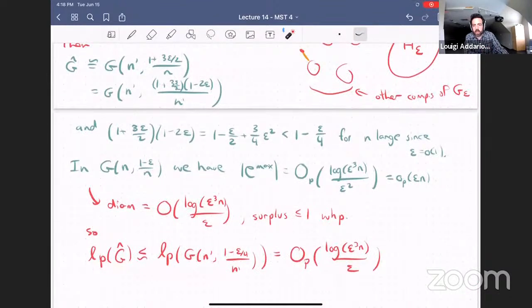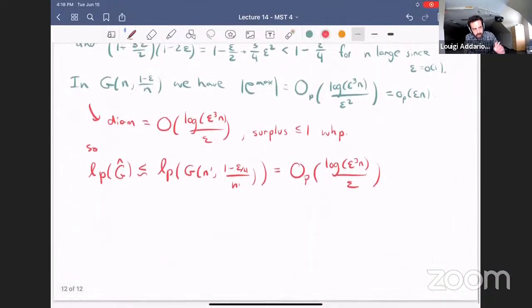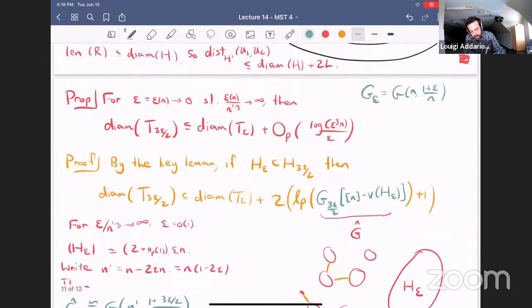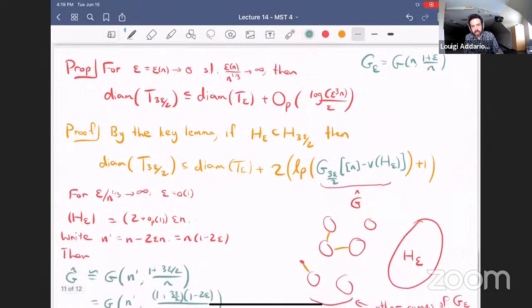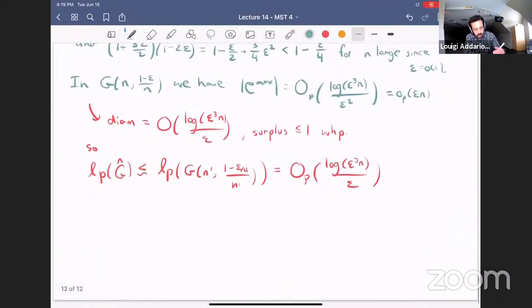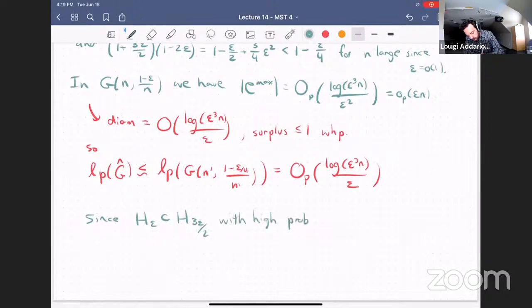But now, the event that we needed to happen has probability tending to 1. When epsilon over n to the third tends to infinity, the largest components really are nested like this. So since H epsilon is the subgraph of H 3 epsilon over 2 with high probability, the proposition follows.